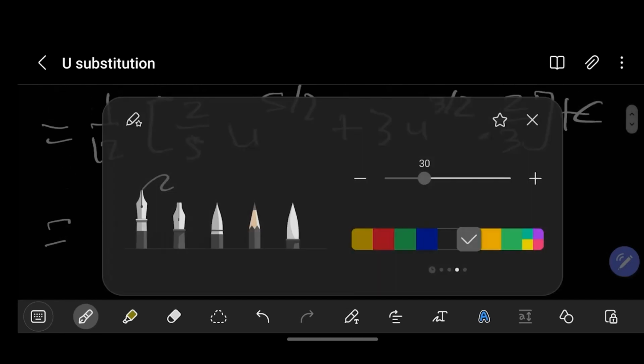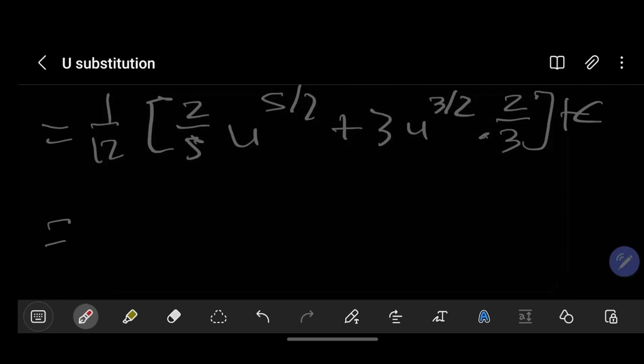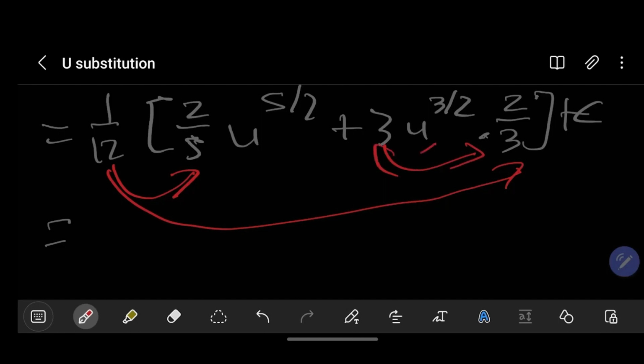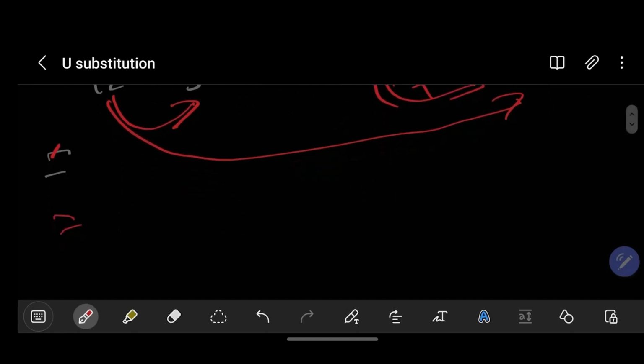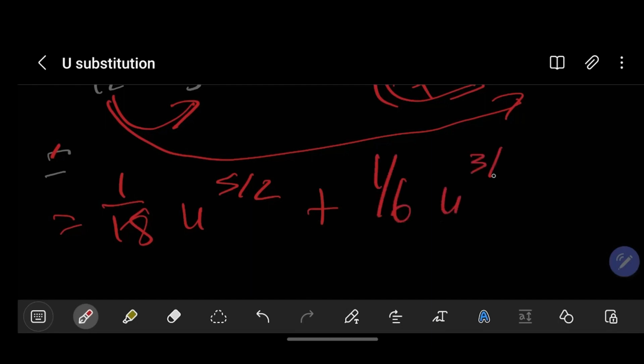We're not done as yet, so let's continue simplifying. If we multiply the 1 by 12 out into here and here, we'll now get the answer as 1 over 30 u to the 5 by 2 plus 1 over 6 u to the 3 by 2 plus c.